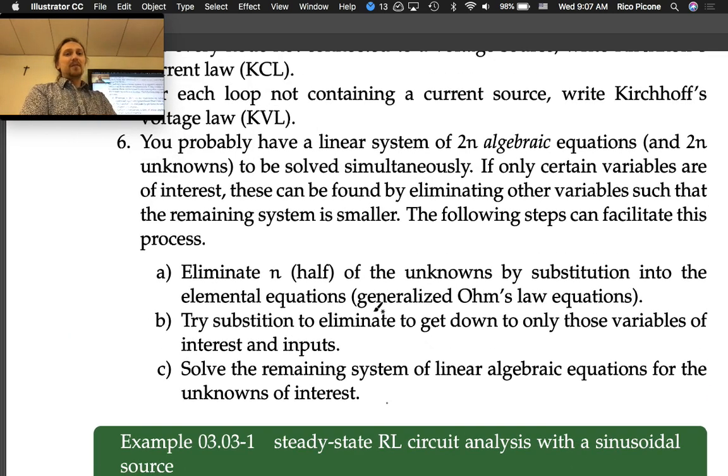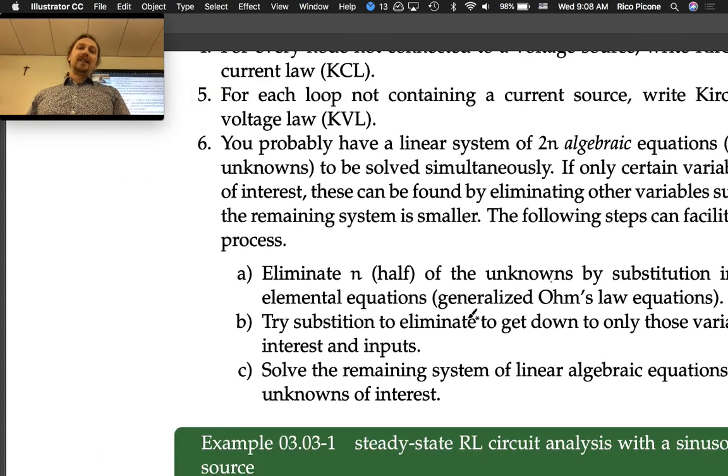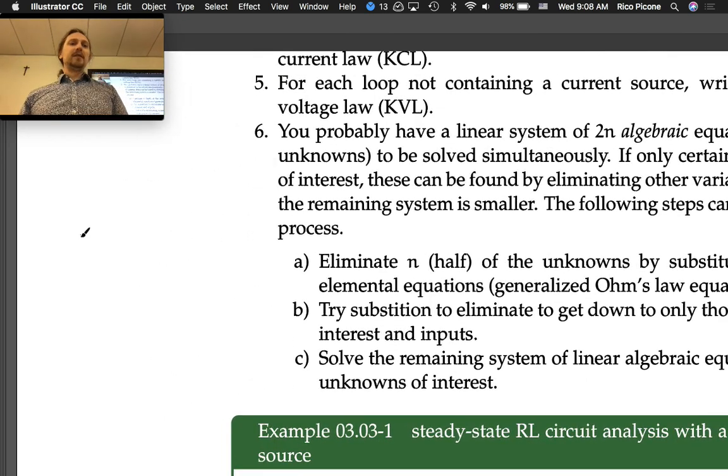Or, I mean, you could just start off and say, okay, I've got 2n equations and 2n unknowns. I'm just going to make this into a linear algebra problem and solve it. Linear algebra a lot of it comes down to AX equals B, right?